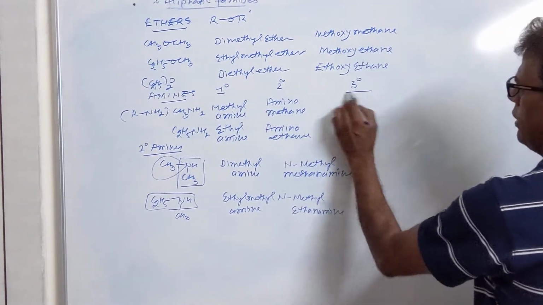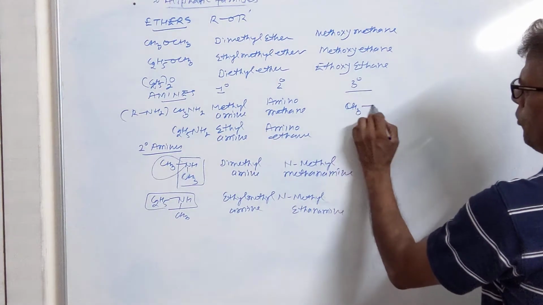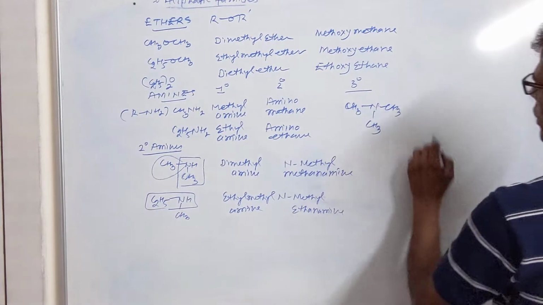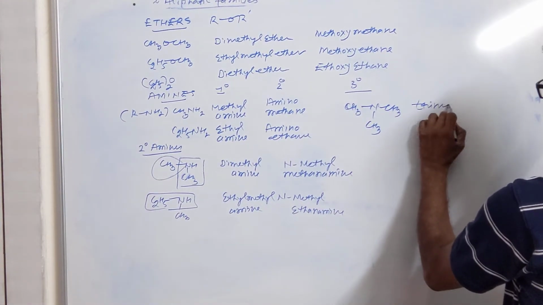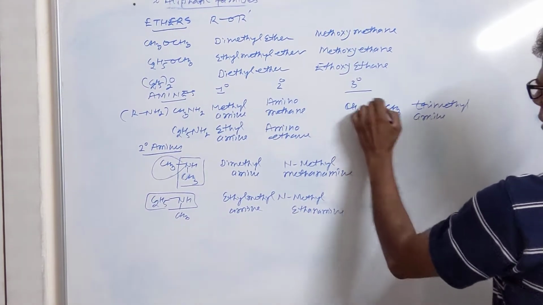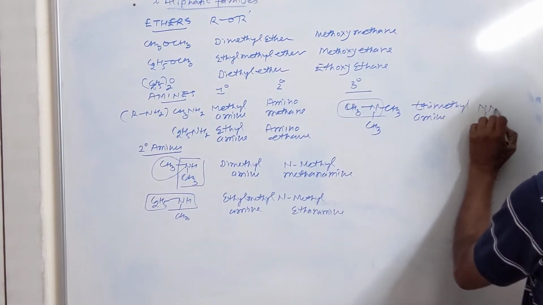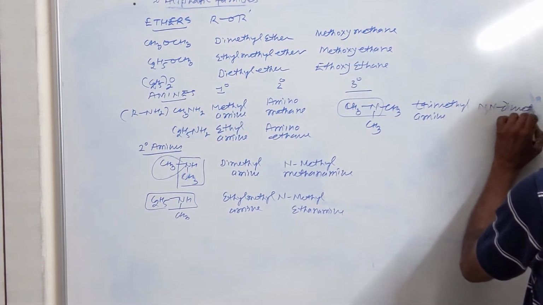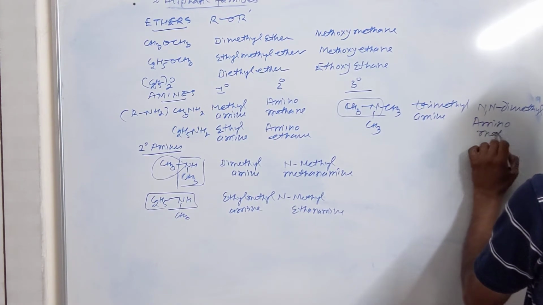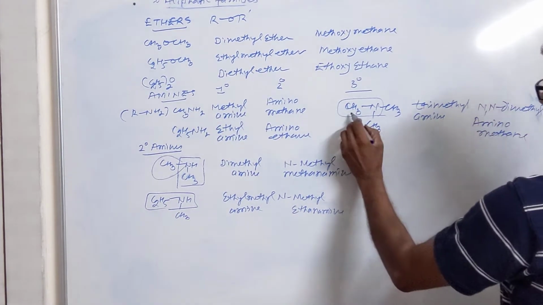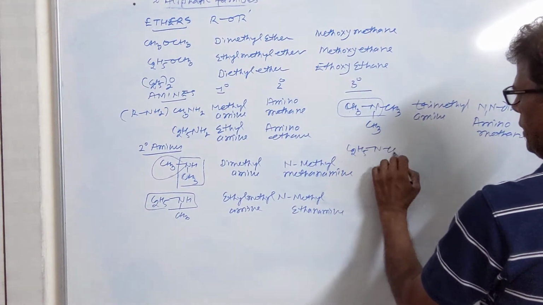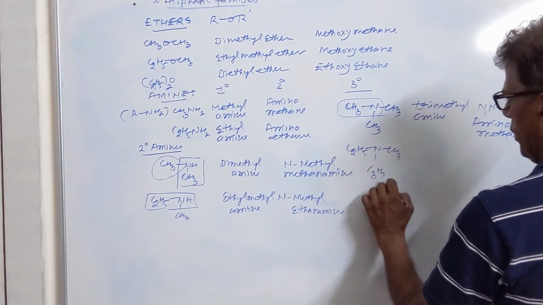Then we have tertiary amines. They have three alkyl groups. All the three hydrogens of ammonia are replaced by alkyl. So this is trimethylamine. IUPAC system, N,N-dimethylaminoethane. Here we have different alkyl groups. Suppose you have C2H5, CH3, C3H7.